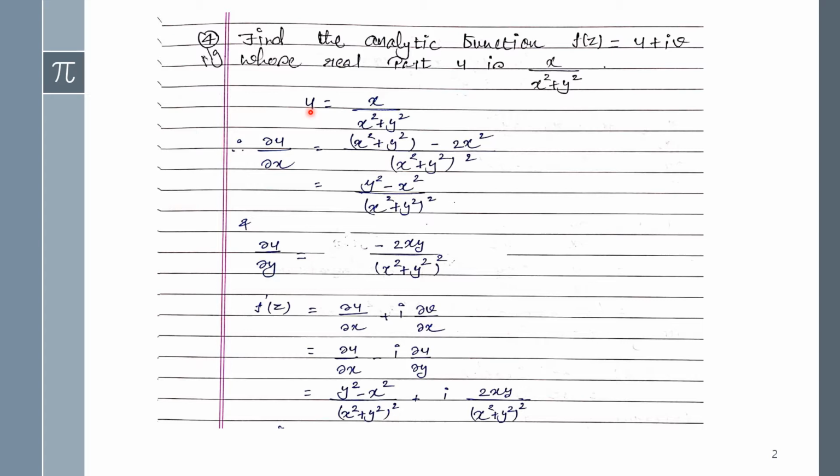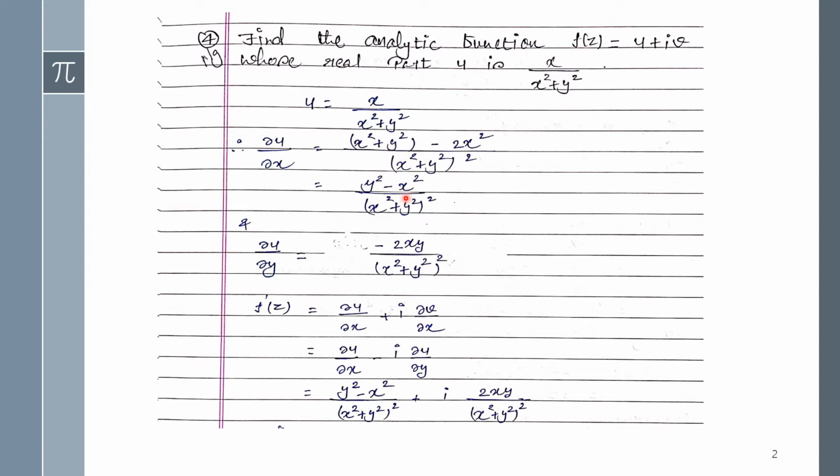In the very first step, for case 1, you have to find two derivatives, that is del u by del x and del u by del y. So you have to just do the first derivative of this x upon x square plus y square form, applying the division rule.